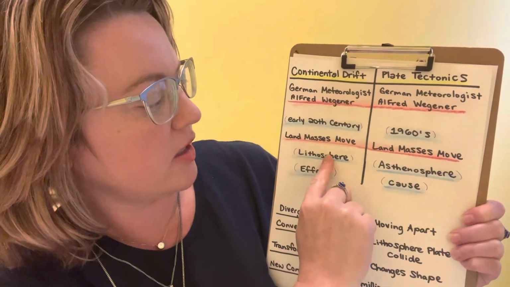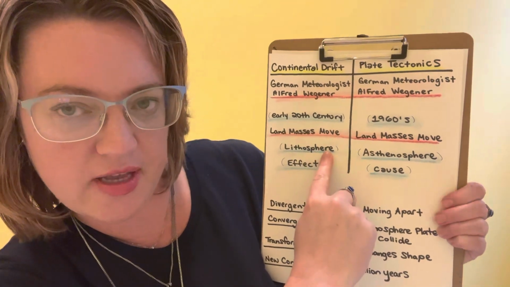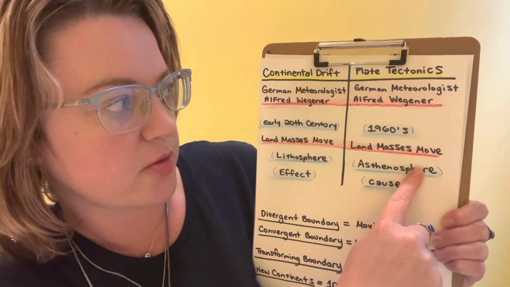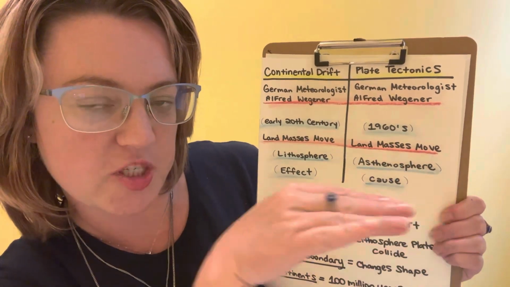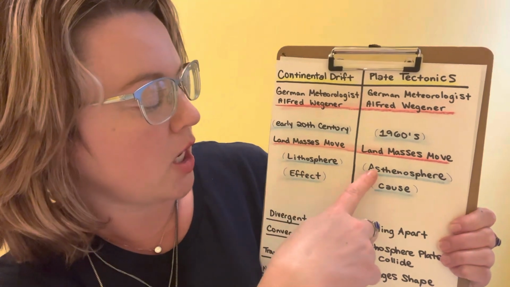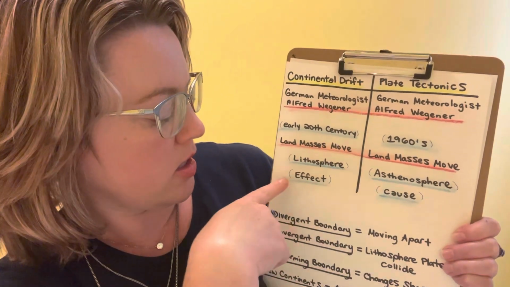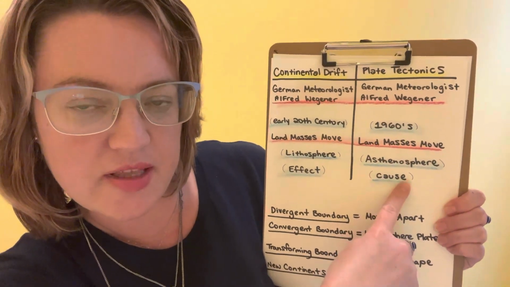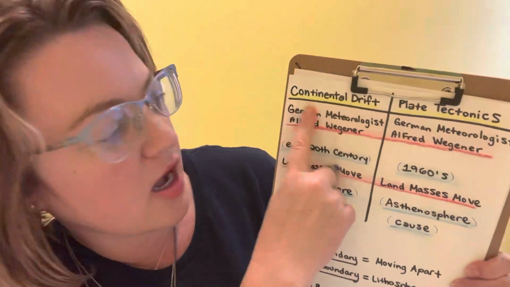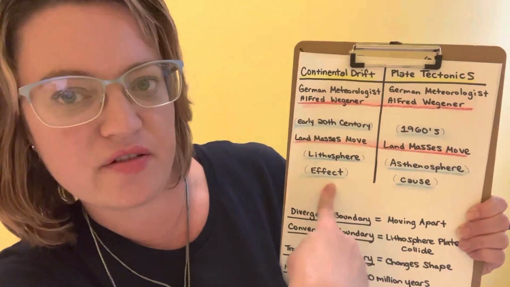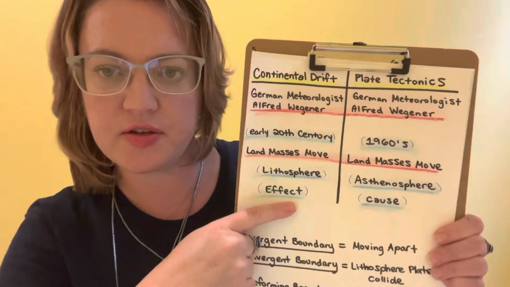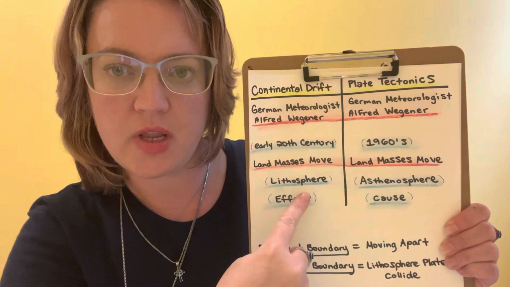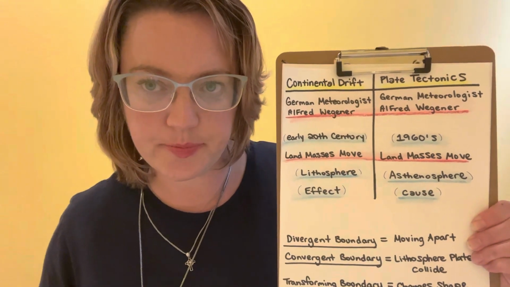The lithosphere is associated with continental drift, which is the outer crust. The asthenosphere is correlated with plate tectonics, which is just below the lithosphere. And plate tectonics is said to be the cause, and continental drift is said to be the effect. With the colors that I used here, the red is the similarities and the blue is the differences.